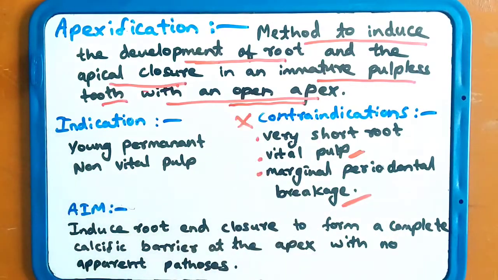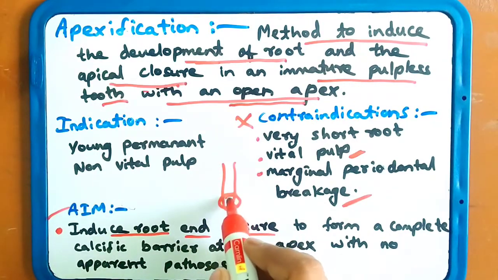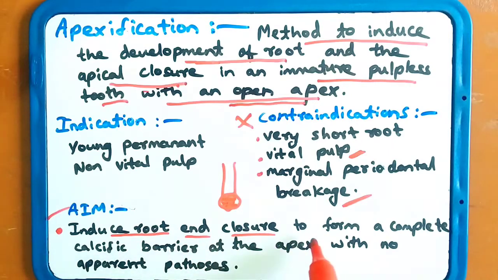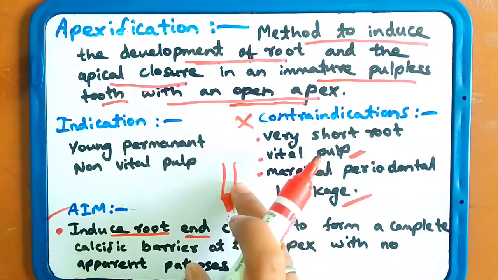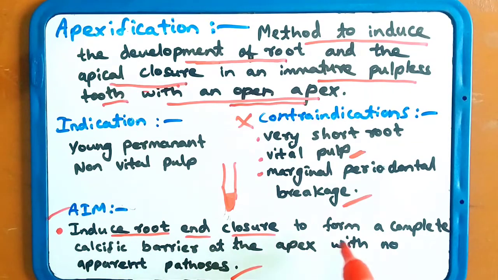What are the aims of apexification? Why do we do apexification? It is done to induce root end closure, to form a complete calcified barrier at the apex with no apparent pathosis.